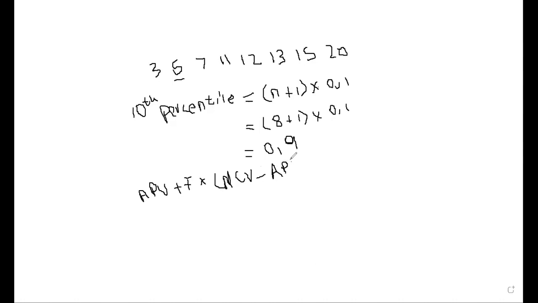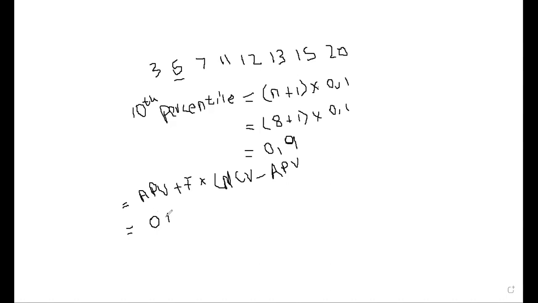The APV is the approximate percentile value. Looking at our position, we have 0.9. There's no position at 0, so there's no way we can find a value at position number 0, meaning our approximate percentile value will be 0. We're going to write 0 here.